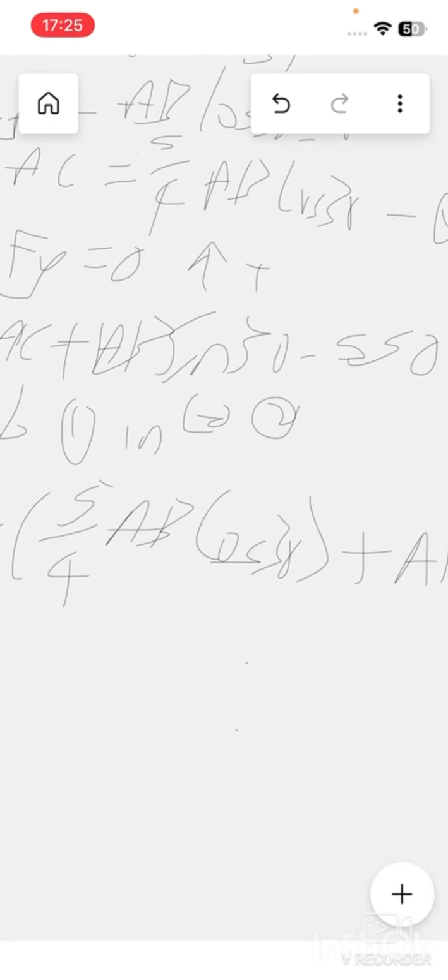Therefore, our AB, we're going to make AB the subject of the formula, because we have like terms. We have AB and AB here. The only difference is the trig ratios, but we know we can punch them on the calculator. These are like terms, and we know like terms can be added.